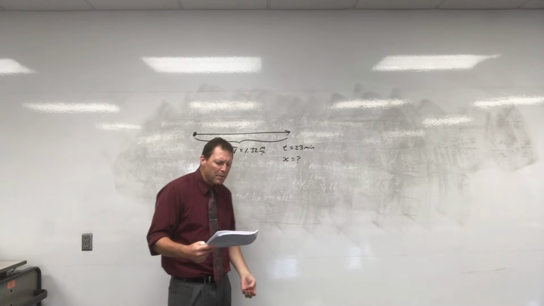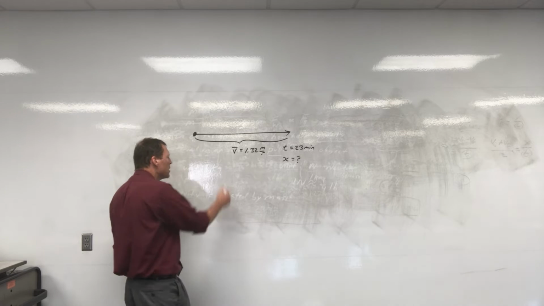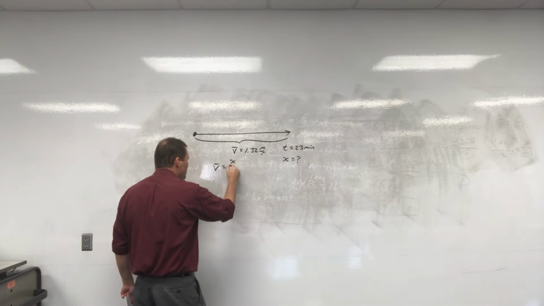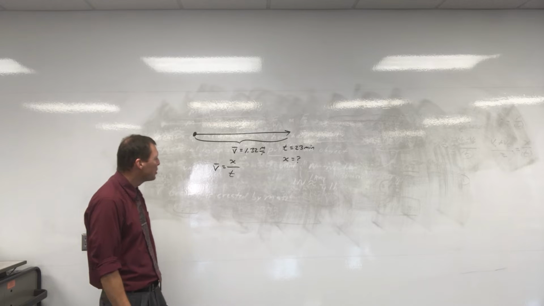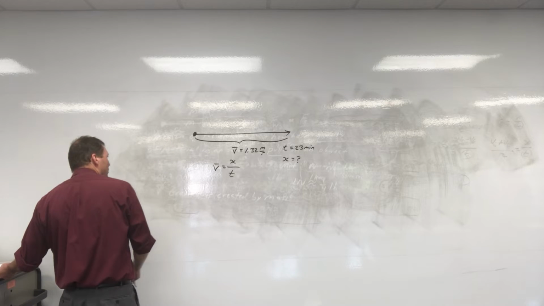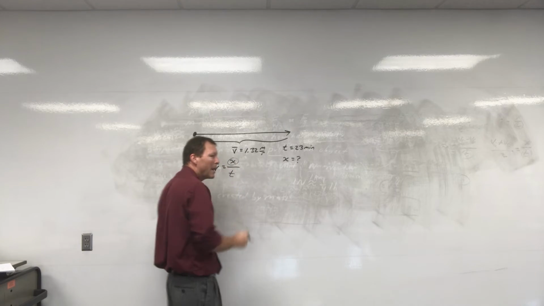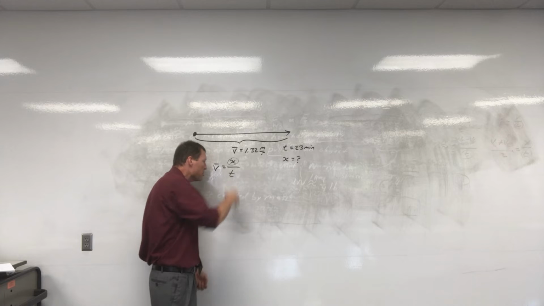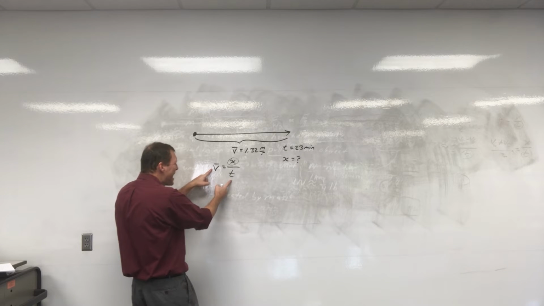The next step is to write down a formula. The formula I'm going to use is average velocity equals displacement over time. I'm looking for the displacement, so when I pick a formula, I definitely need displacement to be present there, and for the rest of the formula I need to have the information.